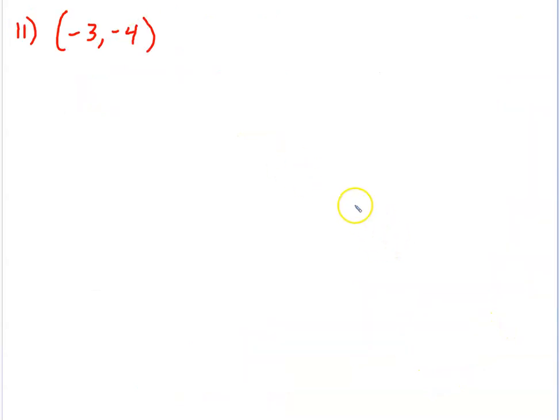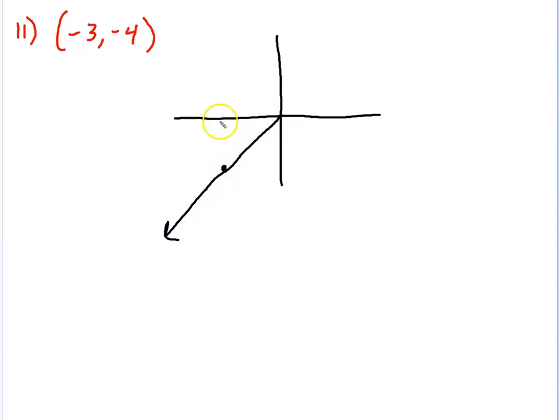Let's move on to number 11. So same type of problem, we just have a different point. Negative 3, negative 4, I'm going to say that's here in quadrant 3. Drop a vertical to make a right triangle, put theta next to the origin. This side would be 3, this side would be 4.